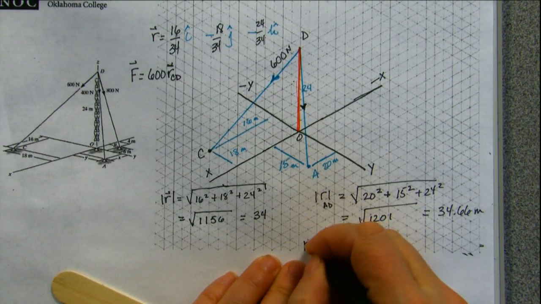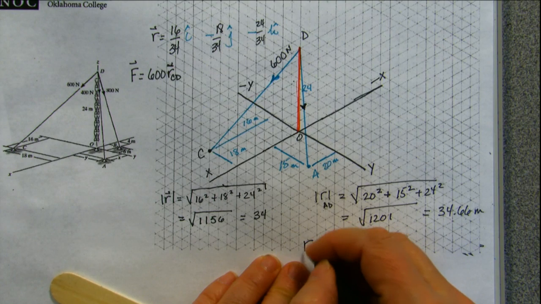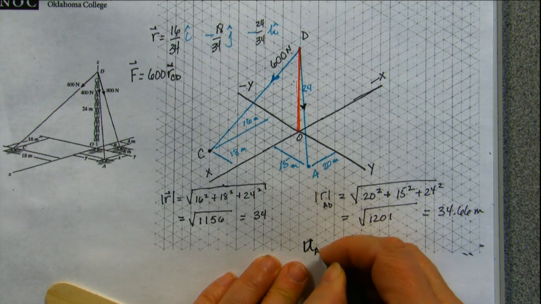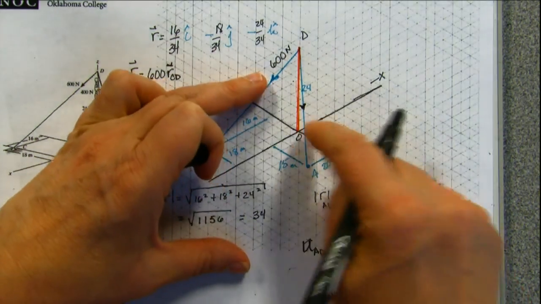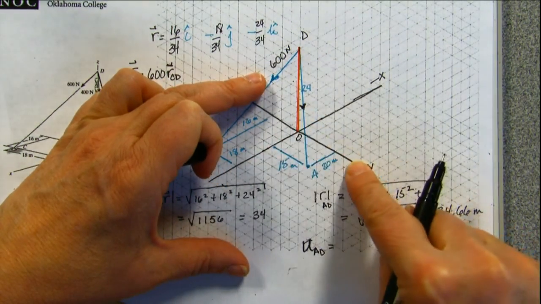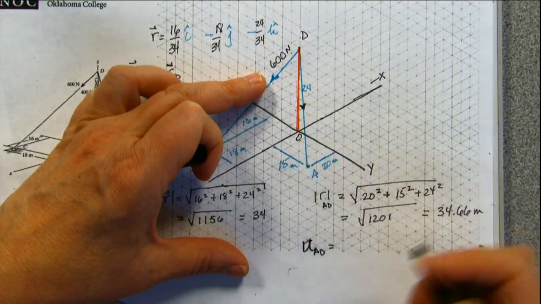Now if I'm writing out my vector, this is my unit vector, so I can call it a unit vector AD. We're in the positive x, we're in the positive y, but we're in the negative z.